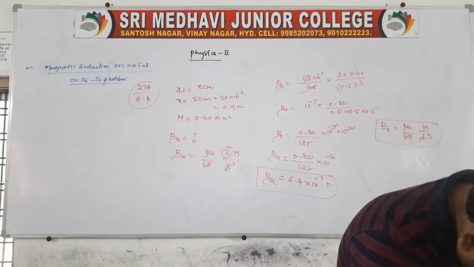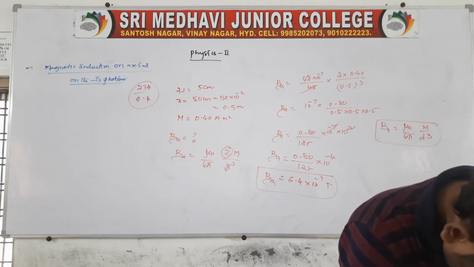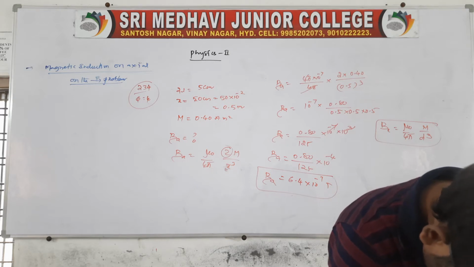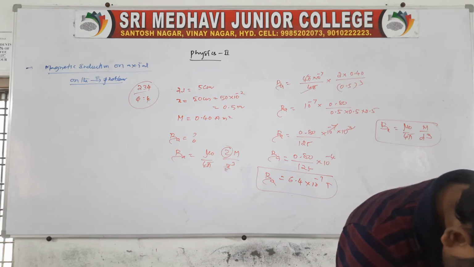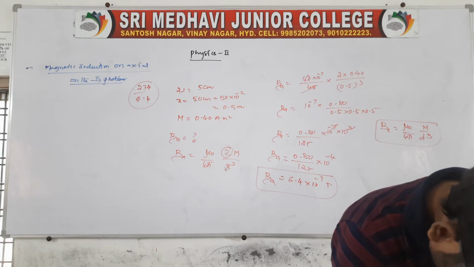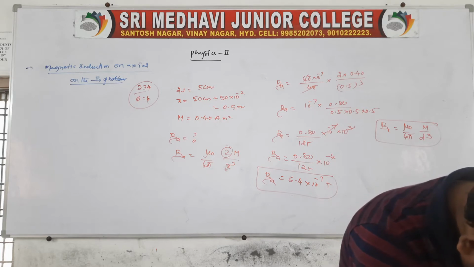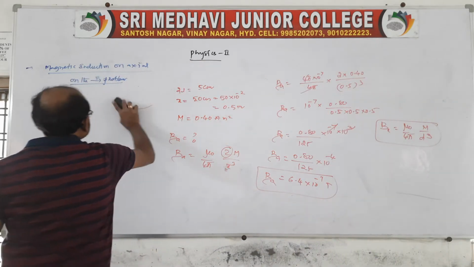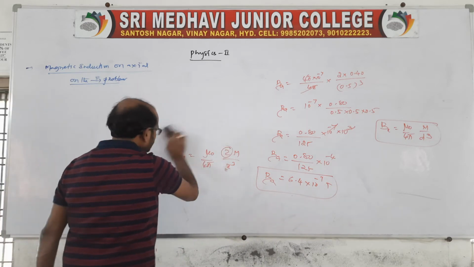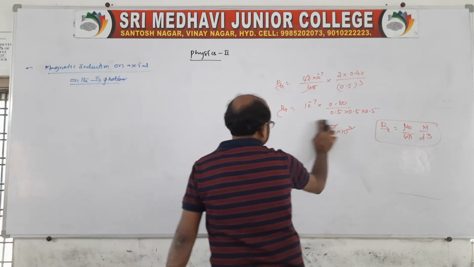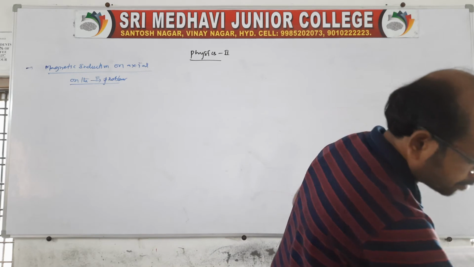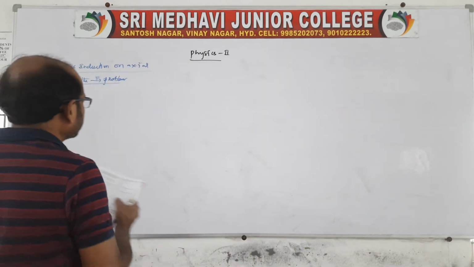Right, I want to say other problems from our material. Some other questions are from moving charge and magnetism, but these questions are given in the magnetism and matter chapter.